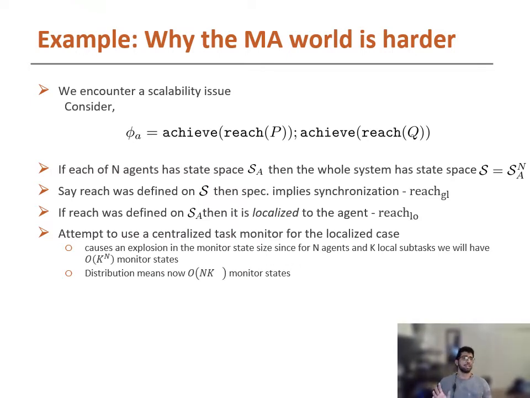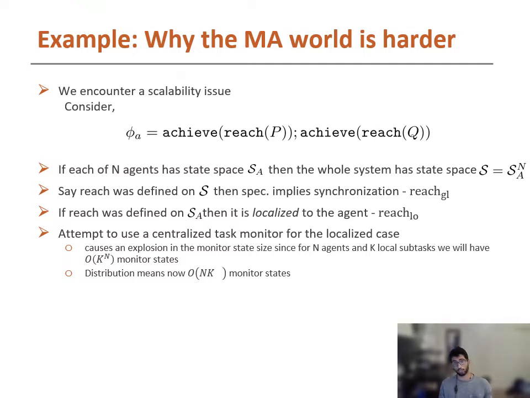Say we use a centralized monitor for this localized case. Now, since each agent has the task states being task achieved and task not achieved, and we have n agents, that means we have 2 to the power n states. And if there are k local subtasks, that means we have k to the power n monitor states.